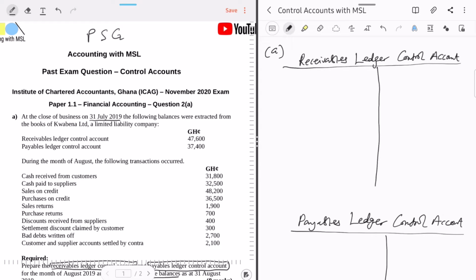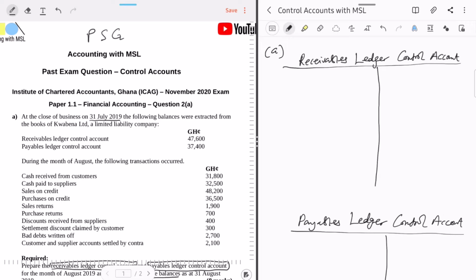The purchases ledger, as the name implies, encompasses all your dealings with persons you have dealt with by way of purchasing. So people even call the payables ledger control account the purchases ledger control account. Then the sales ledger control account will include all those you have sold to.